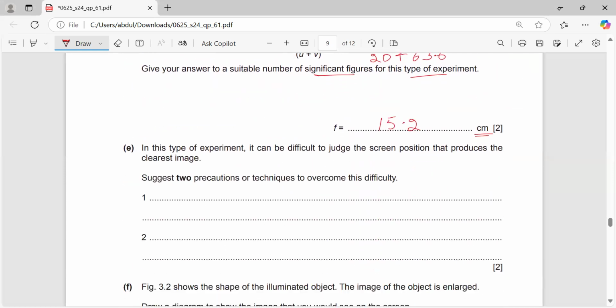Now, in this type of experiment, it is difficult to judge the screen position that produces the clearest image. Precautions are techniques to overcome this difficulty.